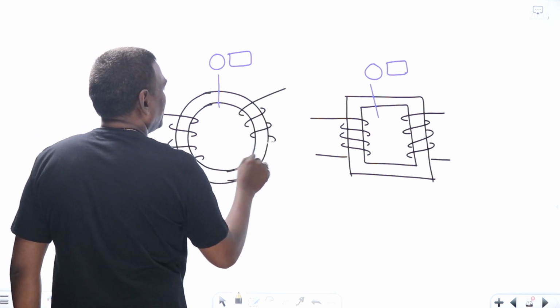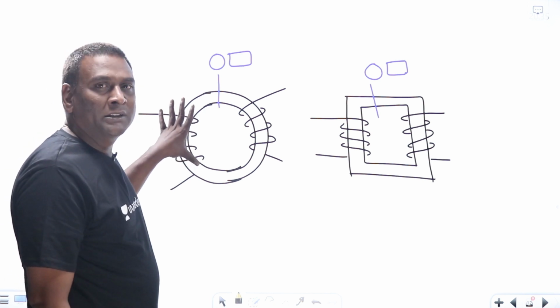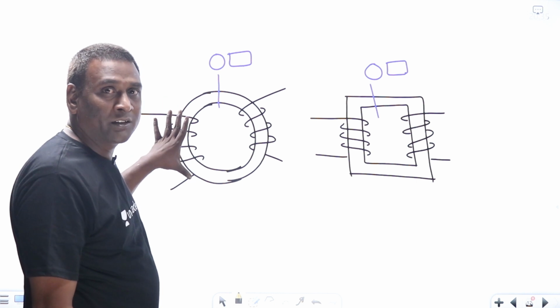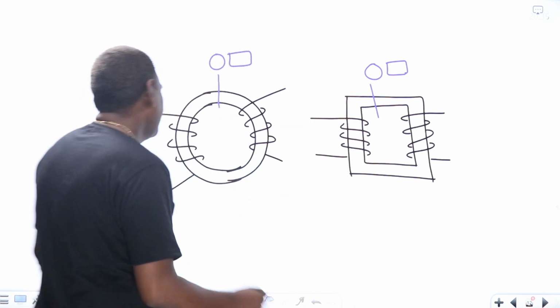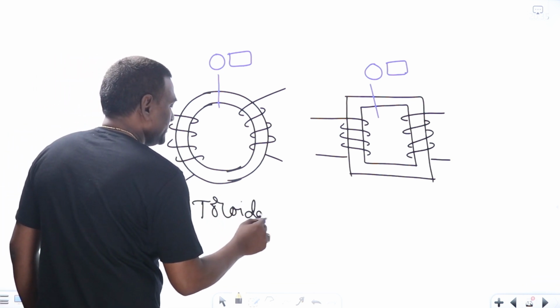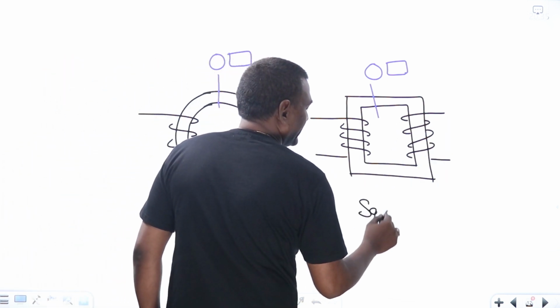Because in plus one or plus two, when we are studying magnetism and electromagnetism, most of the science books might have given this kind of thing, but in our transformer we are going to have this only. This is called a toroidal core. This is called a square or rectangular core, whatever it might be.